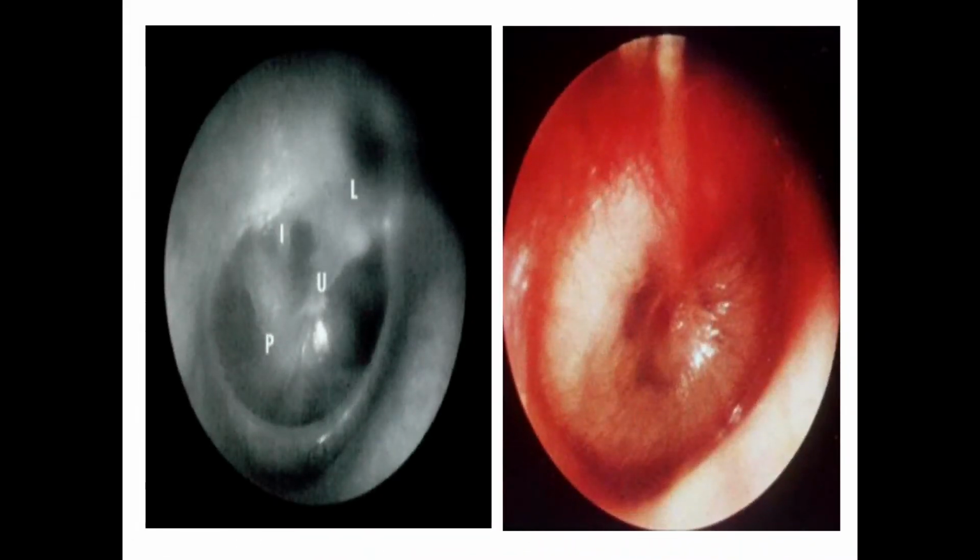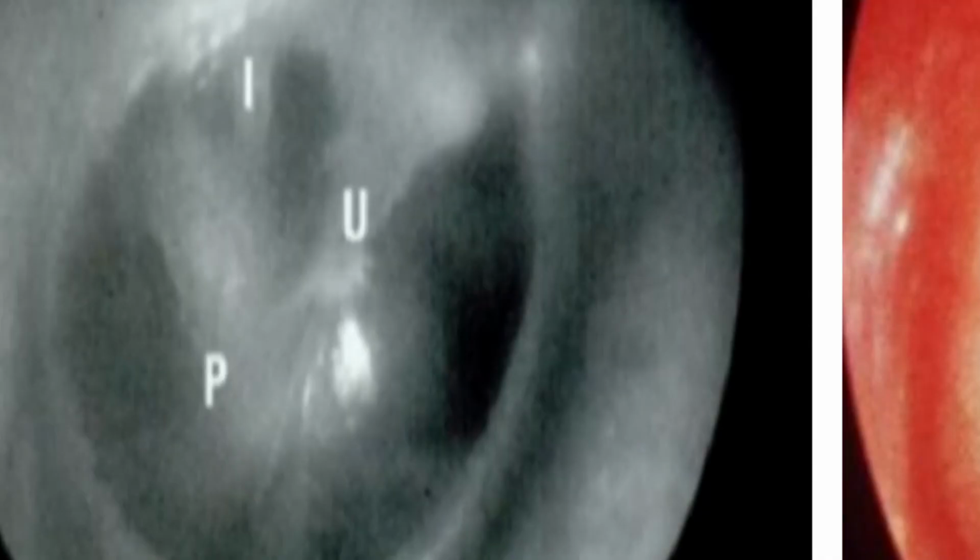So here you can see the images of the tympanic membrane. The first picture is the picture of the normal eardrum. You can see the malleus, incus and stapes, the bones in the middle ear, through the eardrum. It's a blurred vision, but still you can see our middle ear bones.